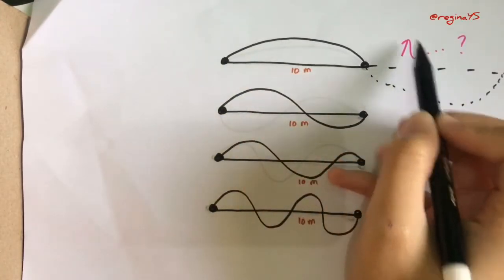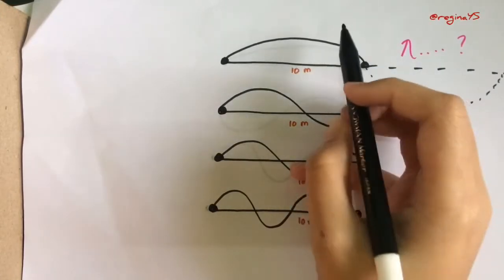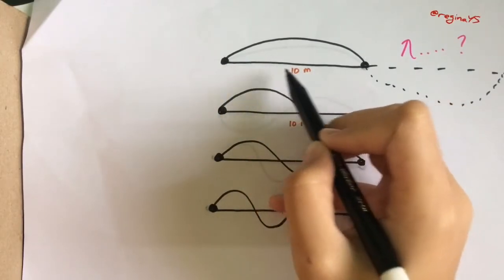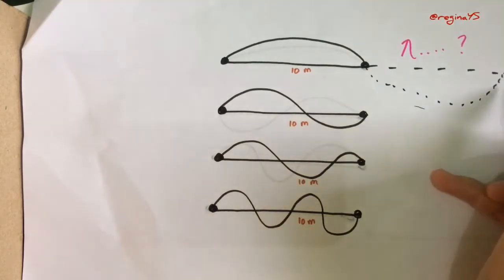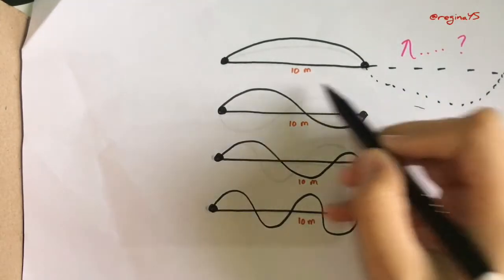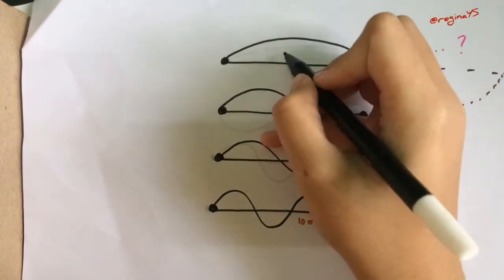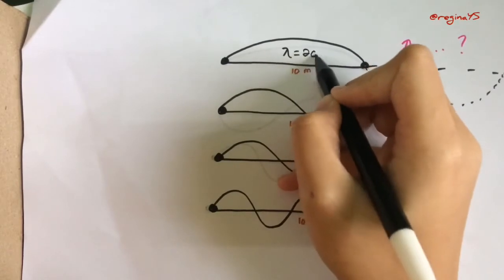The question is, how much is 1 lambda of this wave? So the answer is, we must add the length of the first half of lambda and add 1 more half of the lambda, which is 10 meters. So the conclusion is, the lambda for the first one is equal to 20 meters.